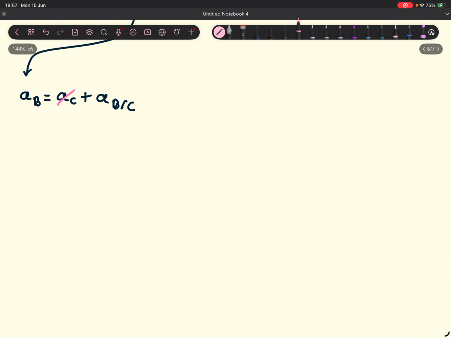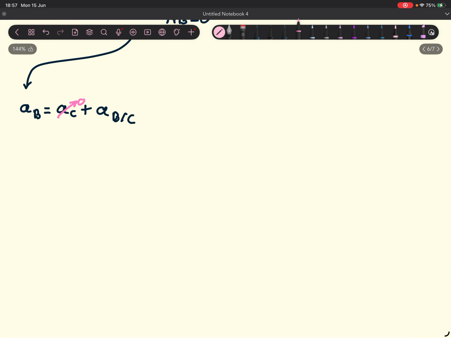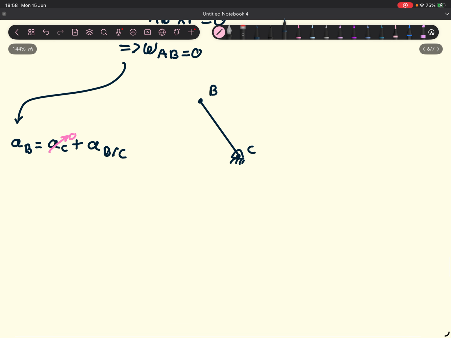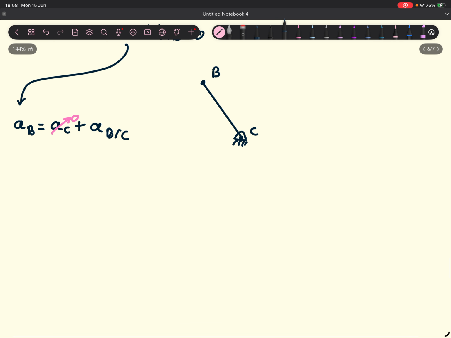And since C is a fixed point, I'm just going to draw that link in just so that it's easier for you to see what's going on. So we have point B, point C. C is a fixed point.